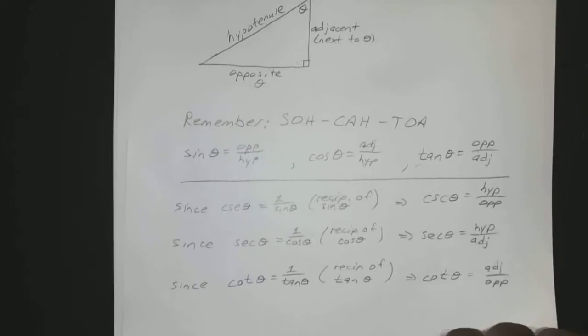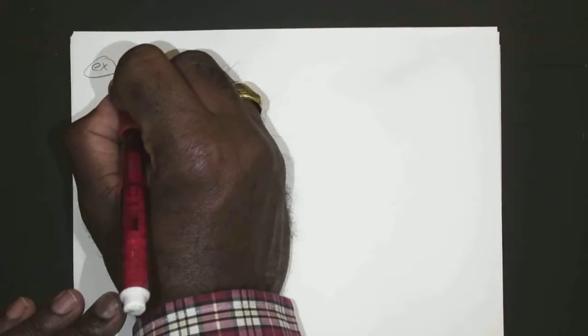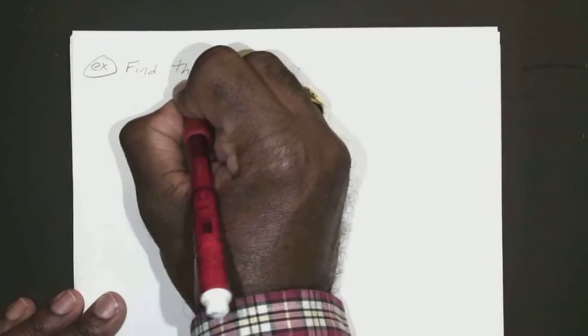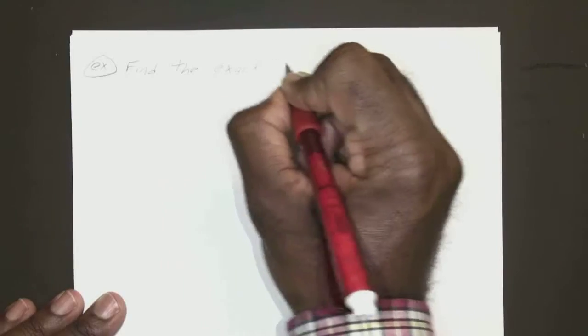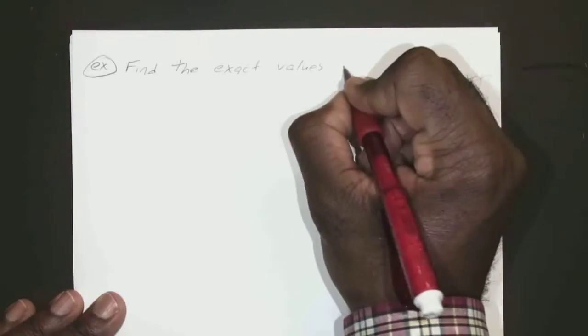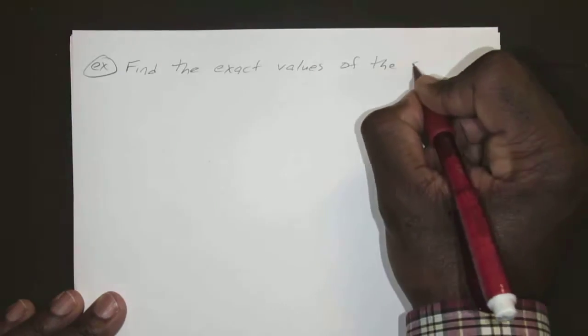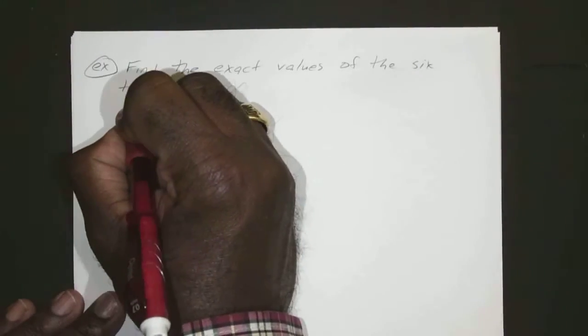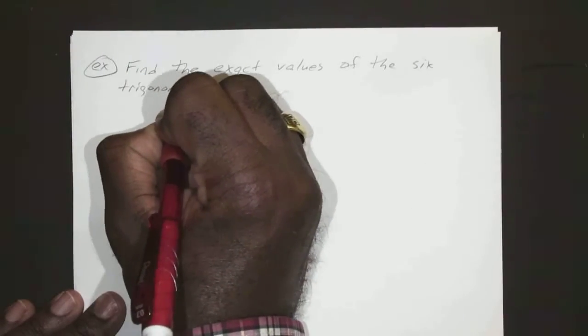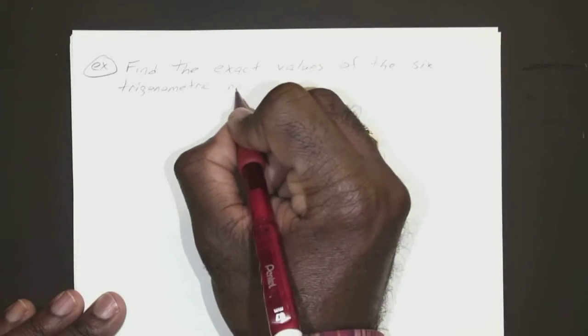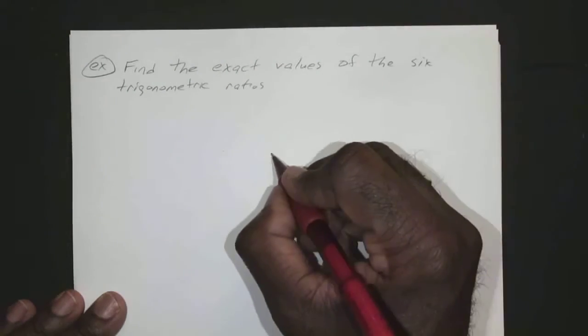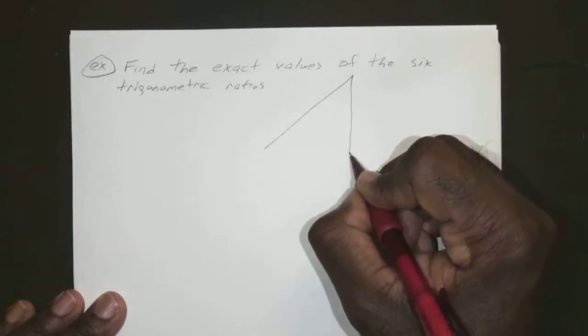All right, so let's say, for example, we want to find the exact values of the 6 trig ratios using this triangle.